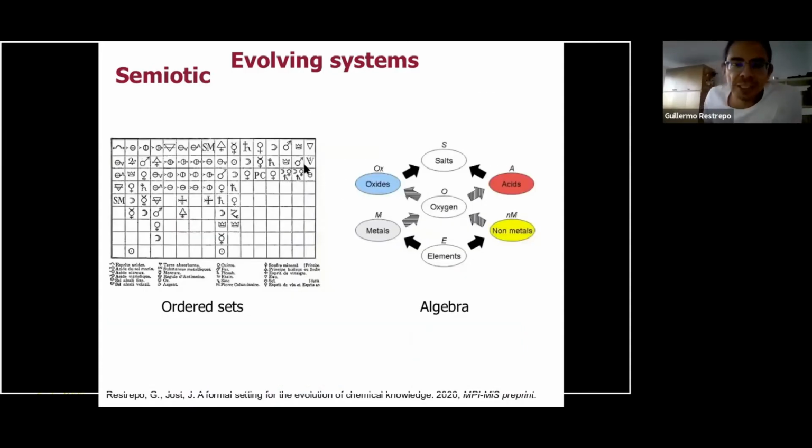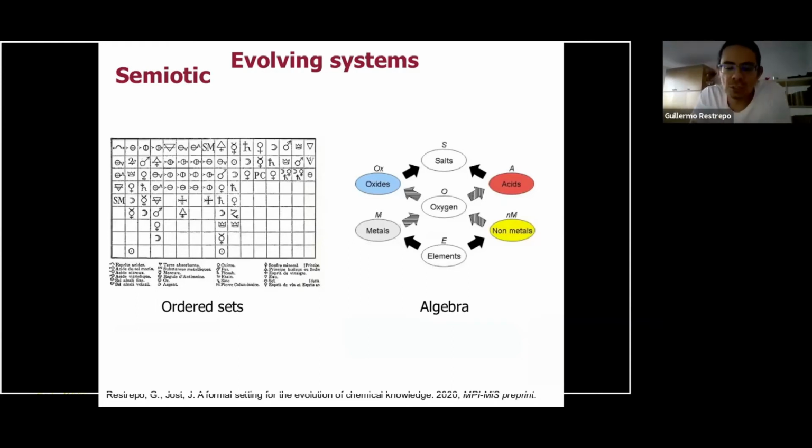Now about the evolution of the semiotic system. The semiotic system is also evolving, and here I have some very simple examples. For instance, this is an affinity table. An affinity table can be put in a mathematical framework where every column is an ordered set. So the framework for analyzing affinity tables is order sets.